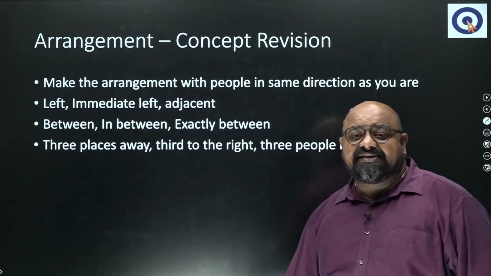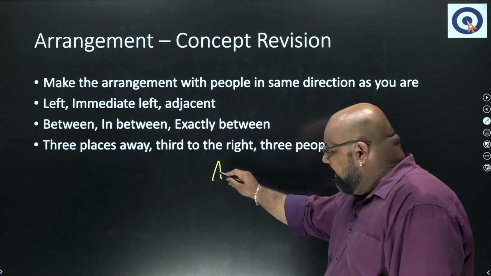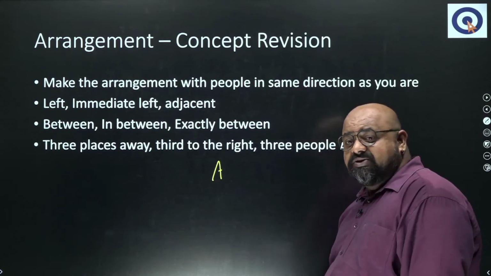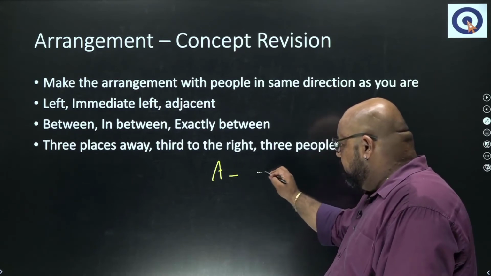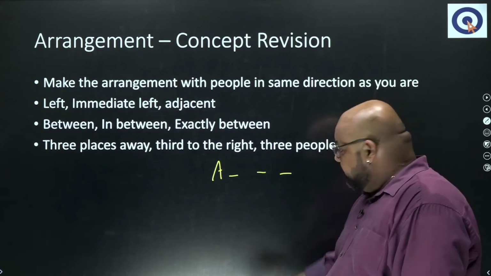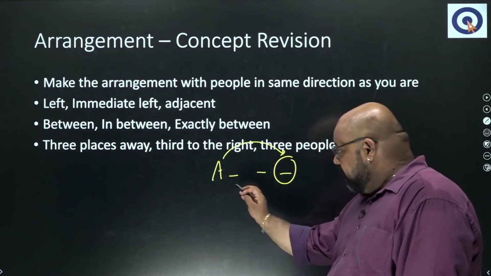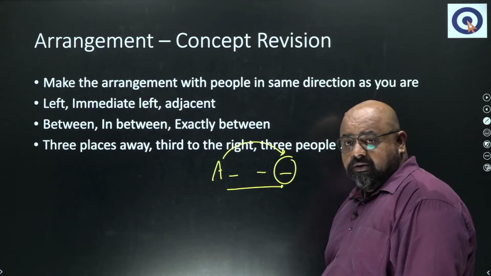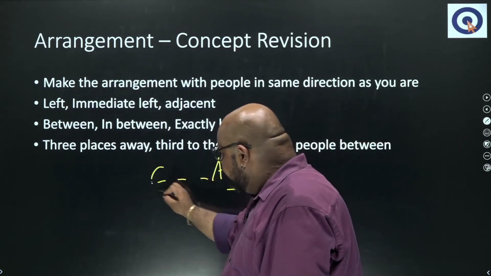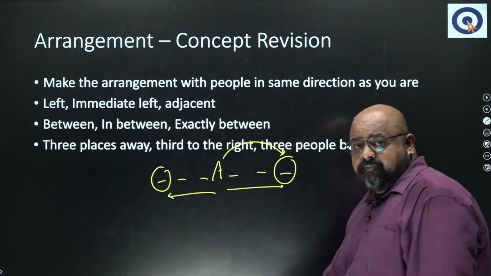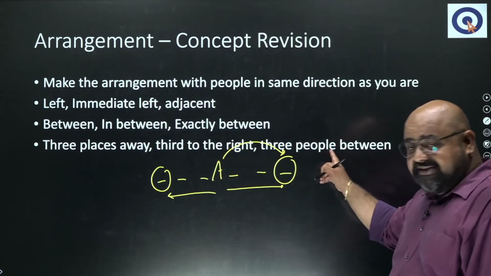Then there is 3 places away, third to the right, 3 people between. So if I say A, what will be 3 places to the right or 3 places away from A? 1, 2, 3. This person will be referred to as third to the right of A, 3 places away from A. 3 places away from A could also be on the left. 1, 2, 3. 3 people between, is this and this the same?